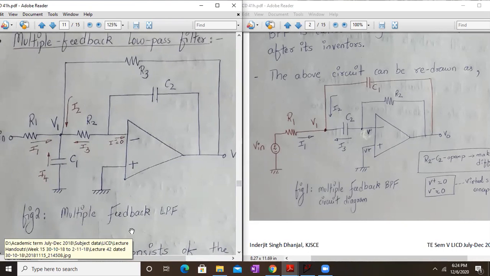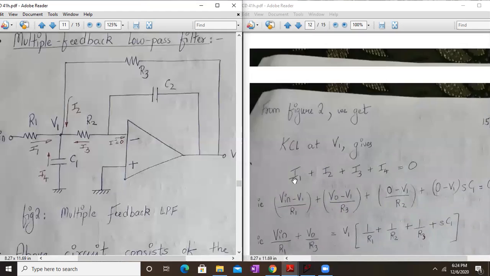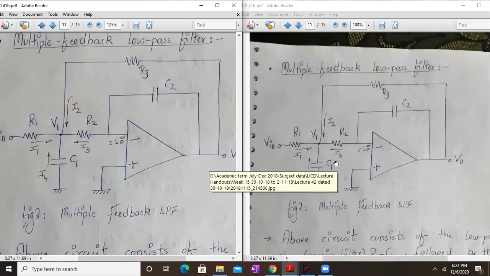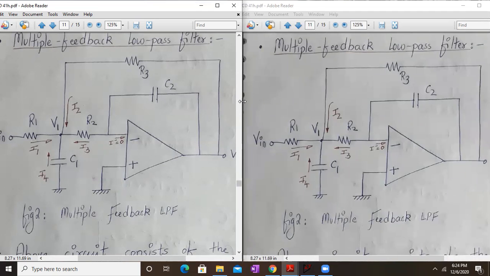R1 is the same. Instead of capacitor C1, we have C2 and C1, and R2 is present. So these are the changes which we have. Let us concentrate on the multiple feedback low pass filter. Let me just keep the circuit open over here for reference.